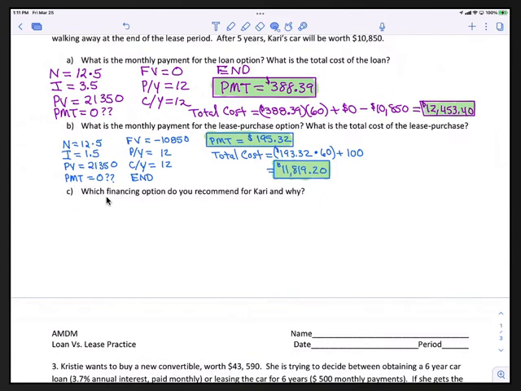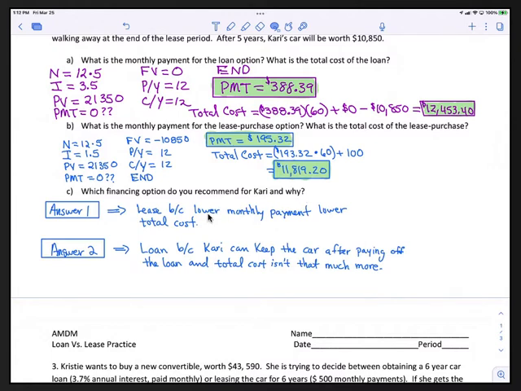All right, in part C it says, which financing option do you recommend for Kari and why? Well, there's two possible answers. Answer one is, if you're going for just a smaller cost overall, you're going to say that the lease is better. You want to go with the lease because it has lower monthly payments and a lower total cost.